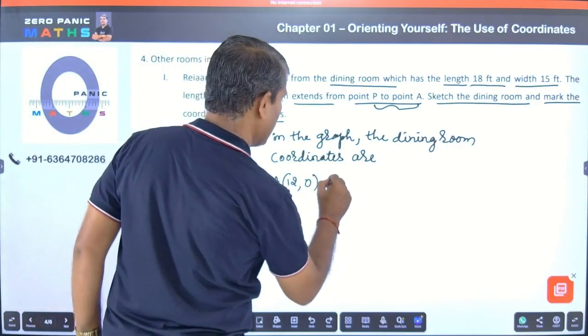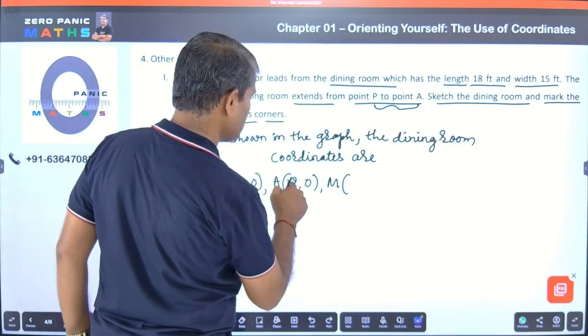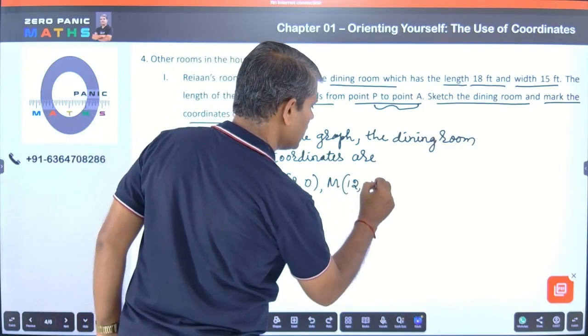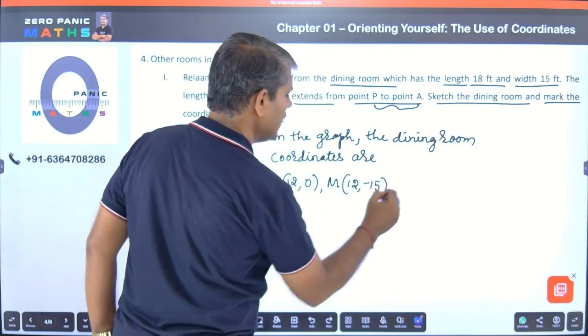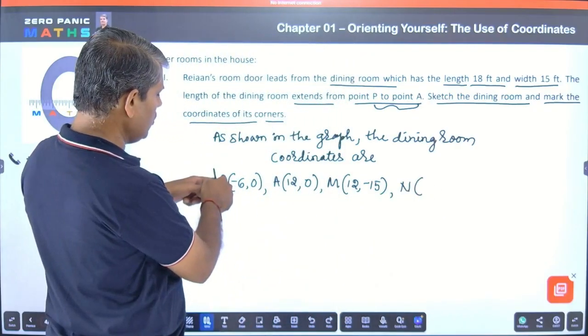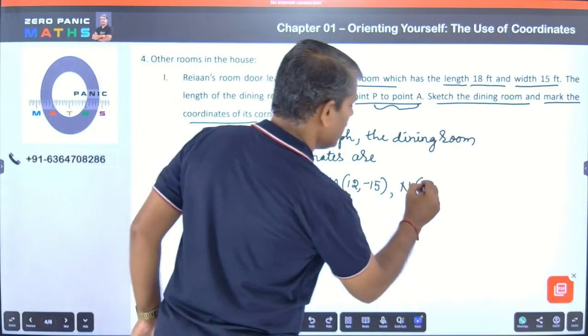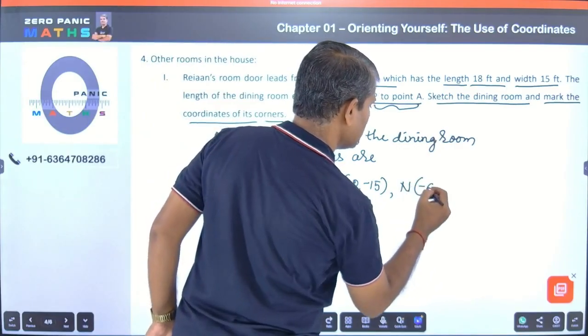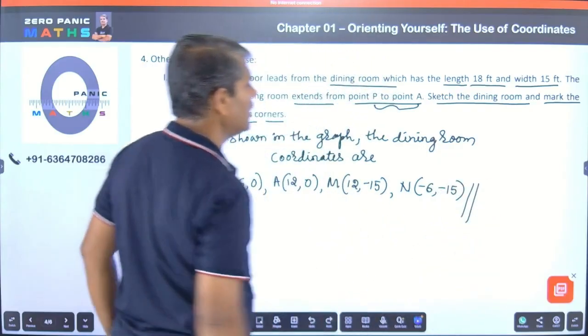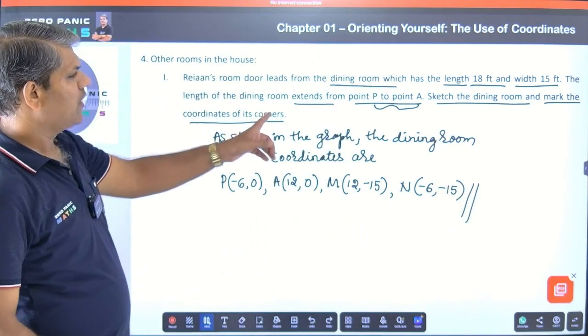For M, we know the x coordinate is 12 and minus 15 is the y coordinate. Similarly, N comes parallel to point P, where the x coordinate is minus 6 and the y coordinate is minus 15. So these are the coordinates of the dining room.